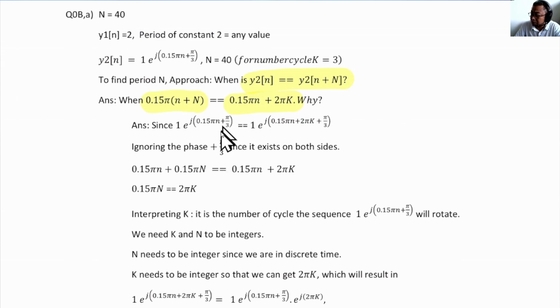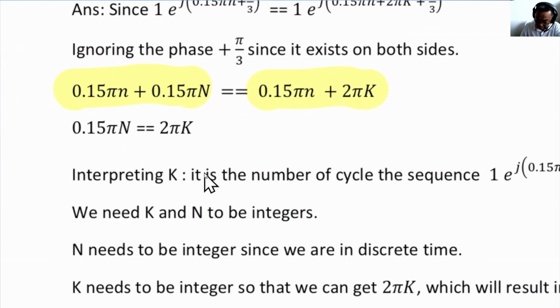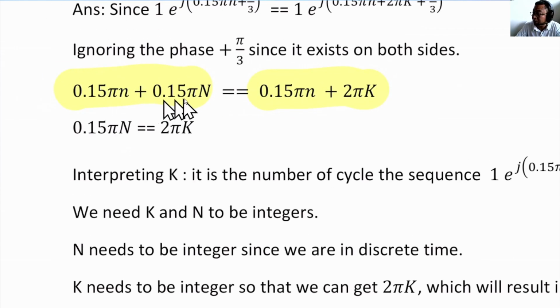We can plug in this equation, and then we can ignore the phase of pi over 3 because this is a constant both here as well as the other side. So all we are concerned with now is this identity, how to make 0.15 pi n the same as 2 pi k, because these terms cancel off as they exist on both sides.